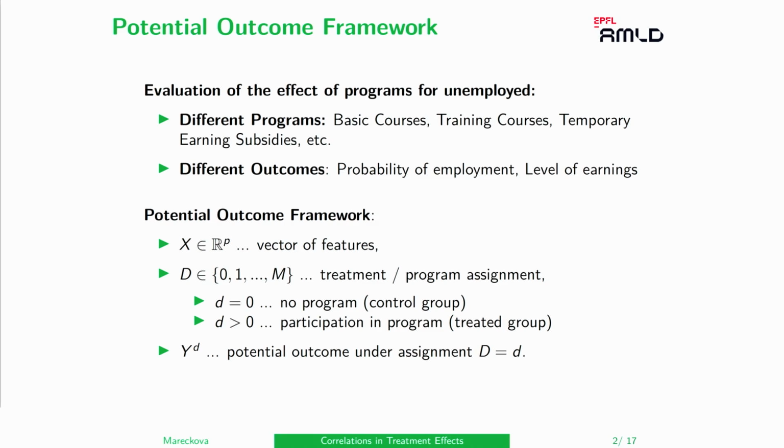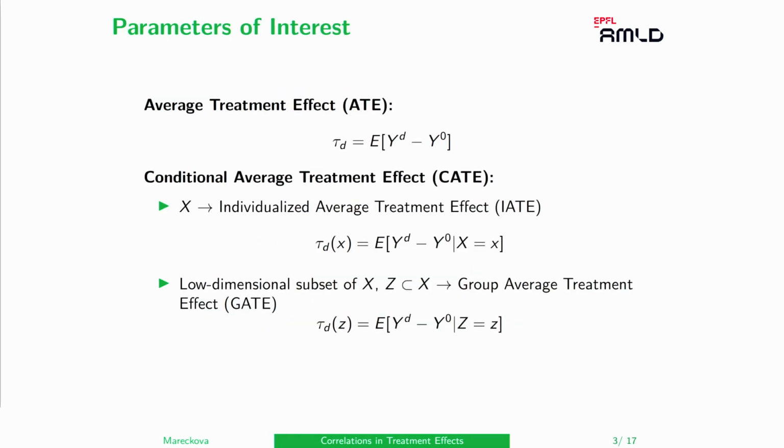Now comes a very important element, which is called the potential outcome, which gave the name to the framework. The potential outcome, here denoted as Y^D, captures what would be the outcome, for example, the probability of employment or the level of earnings, if the unemployed individual went to this program D. Now, this framework opens doors to the following parameters of interest.